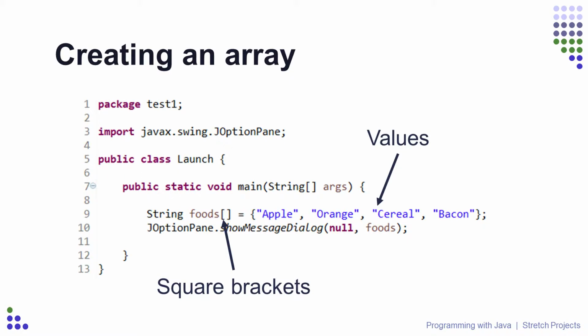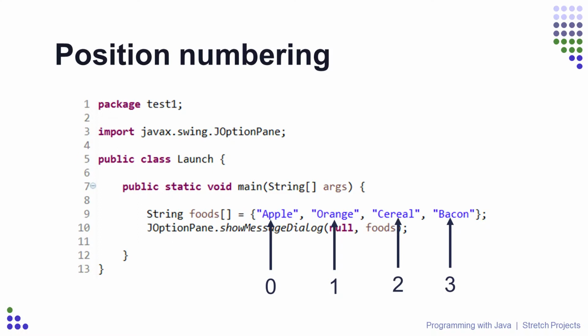What if we only want to access one specific element in the array though, rather than printing out the entire array? Well, that's easy to do too. All you do is add square brackets with the position number of the value that you want to access. There is one very small detail that you need to be aware of though. The number system when you're dealing with computers starts with the number 0 and not the number 1.